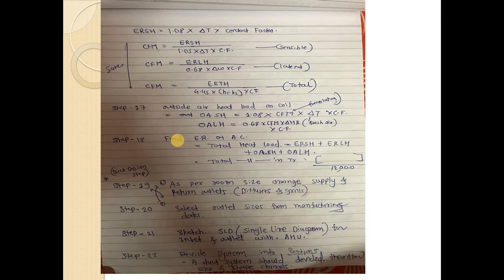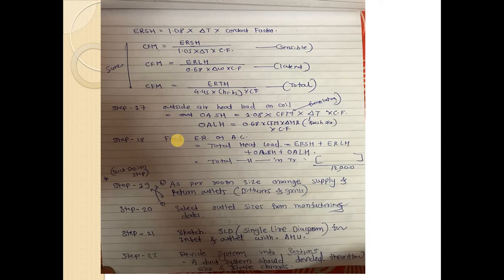Now the next step of the discussion is the calculation of the CFM. For sensible, the CFM is calculated by ERSH upon 1.08 into delta T into the contact factor.